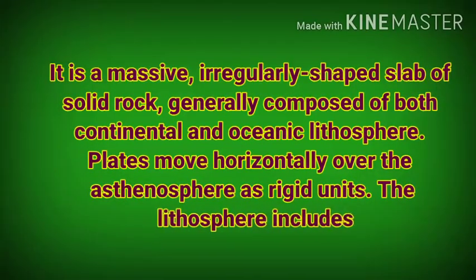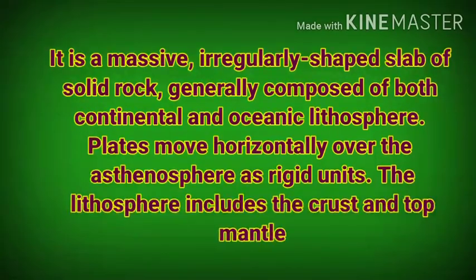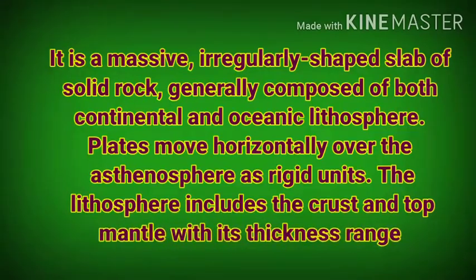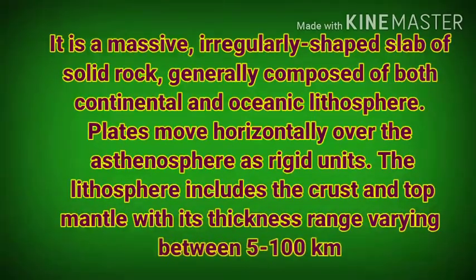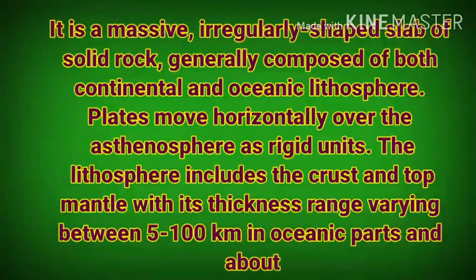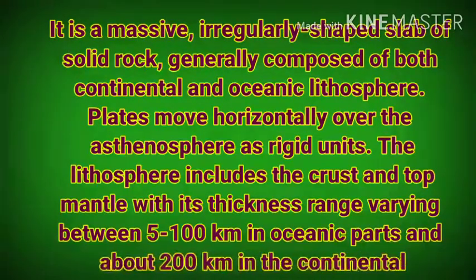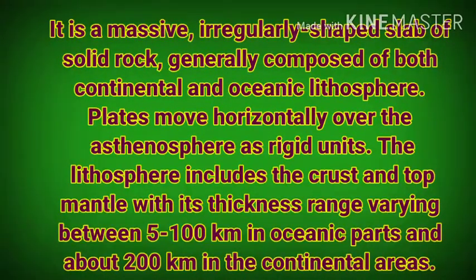Average thickness is 100 km of the oceanic part and 200 km of the continental part, as you can see in this given picture. Pacific plate is the largest oceanic plate, whereas Eurasian plate is the largest continental plate.